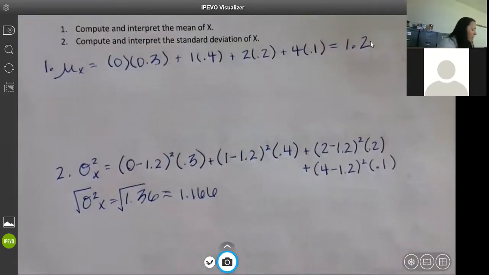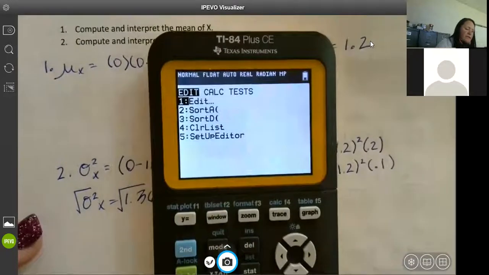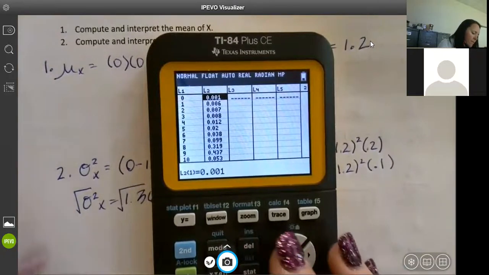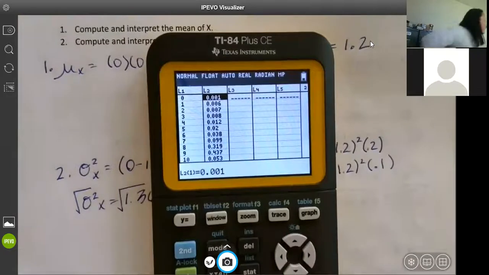Now I'll show you how to do it in your calculator. Go to your stat and your edit. Again, make sure your modes are on. Well, I don't want to take this out yet. That's at large scores. I don't want to take them out yet.